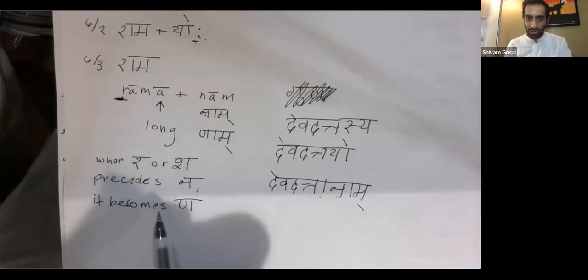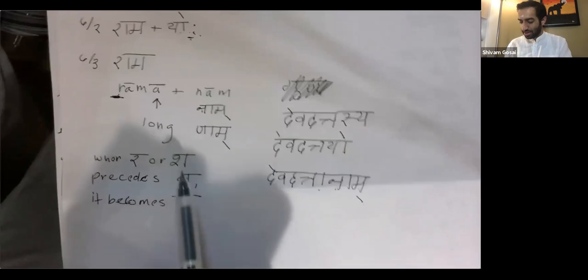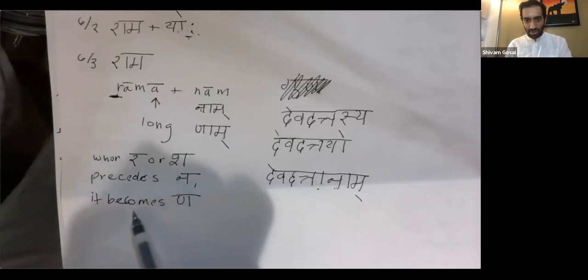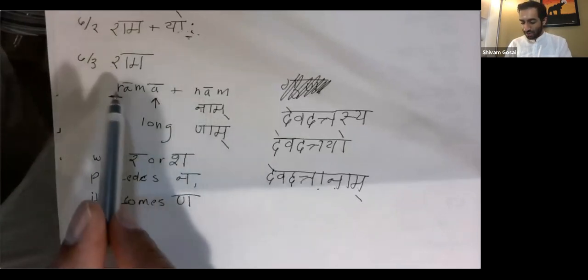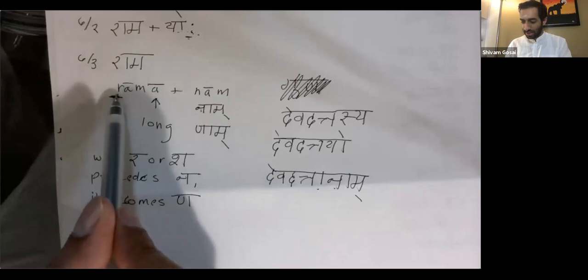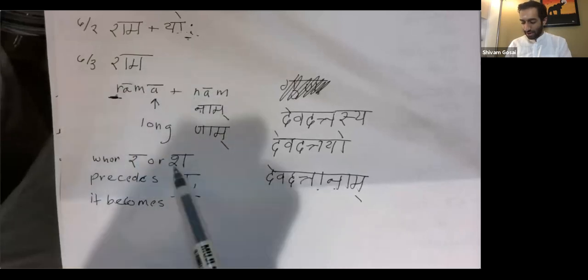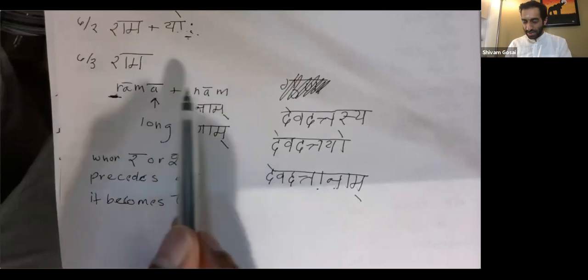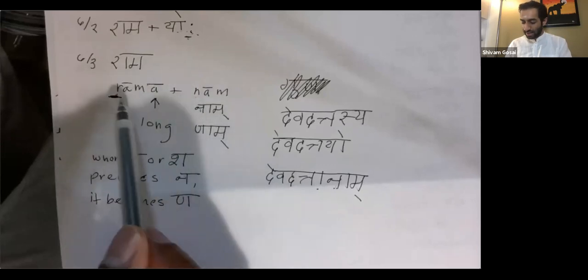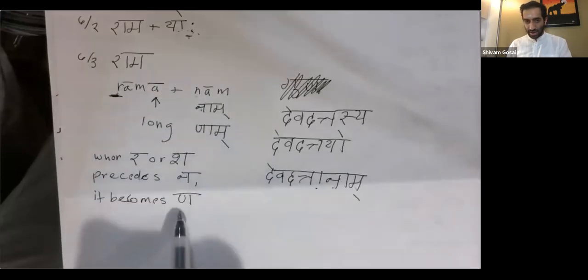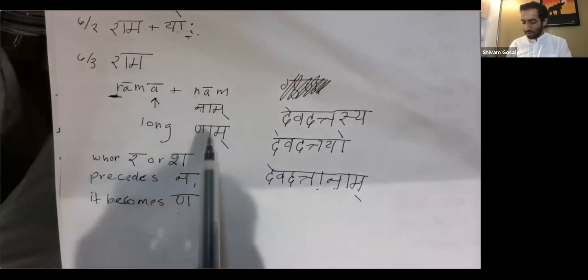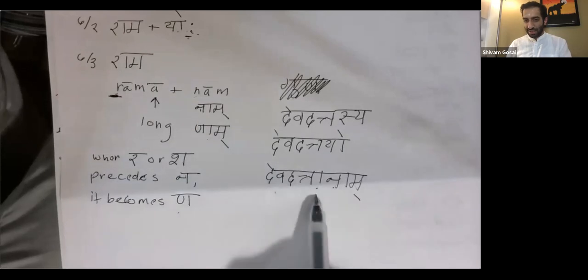There's more nuance to this rule, but for now we can know it like that. When ra or sha, we only have ra here, precedes the nakara, it is one or the other. When one precedes the nakara, then that becomes murdanya nakara. So that's what we see in Rama nam, but here you'll see Devadatta nam.